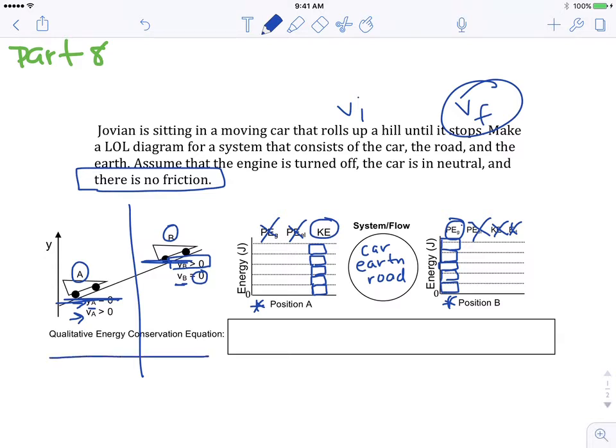Okay, there we go. What's the last part? The qualitative energy conservation equation. So what does that mean? Conservation of energy just means that whatever you start with, the total amount will be equal to the total amount of what you end with. How would we figure out how much energy we have in the beginning and how much we have in the end? We would take the equation for kinetic energy, and if we knew any of these values, we could plug those in.